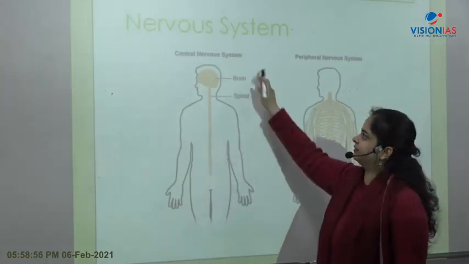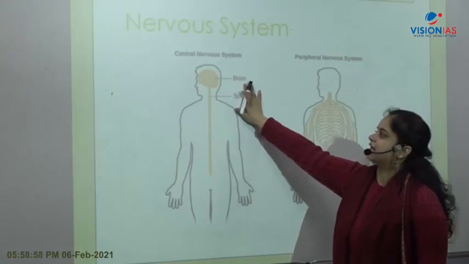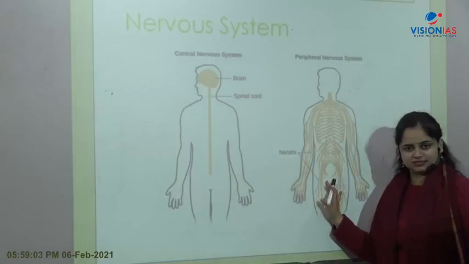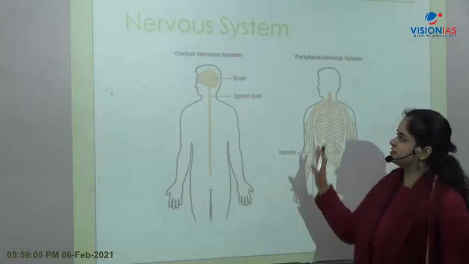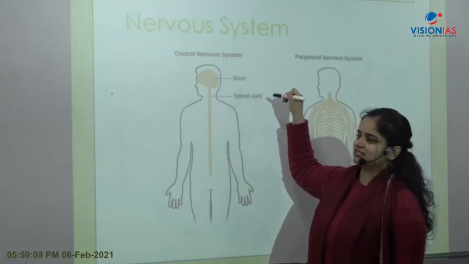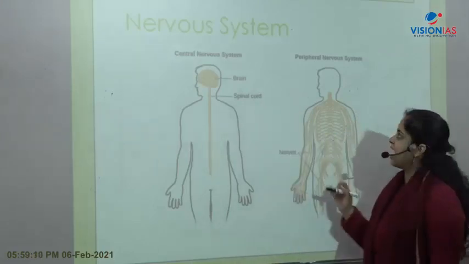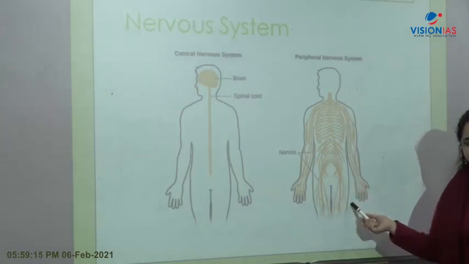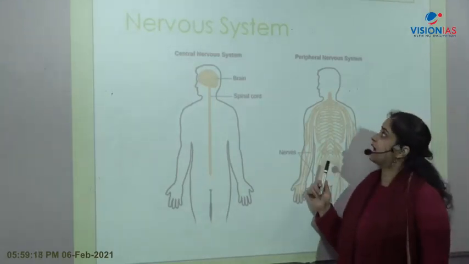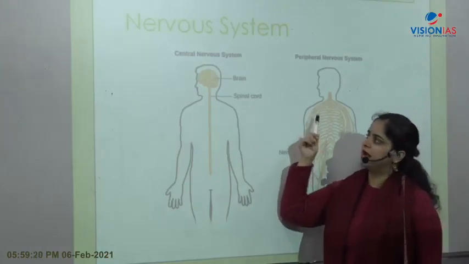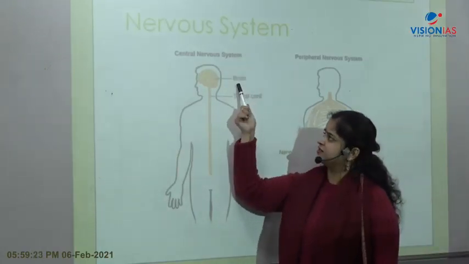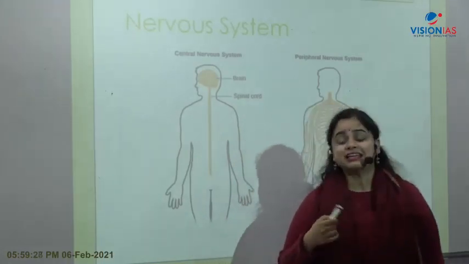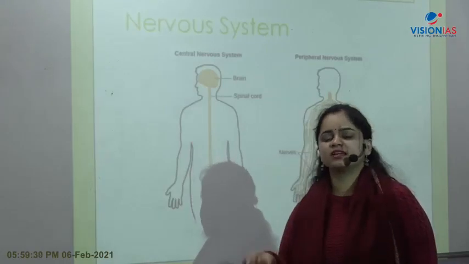So have faith. The nervous system has two parts, central nervous system and peripheral nervous system. The central nervous system comprises the brain and spinal cord. The peripheral nervous system contains all the nerves of your body. These nerves are supposed to take signals or stimulus from one place to the other.